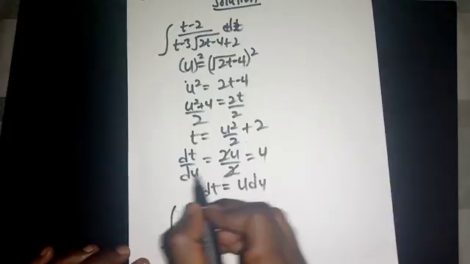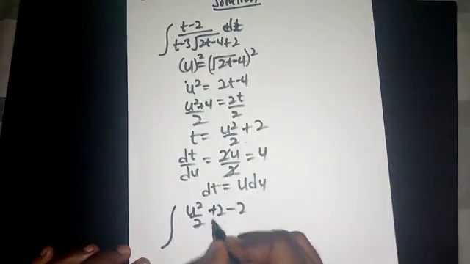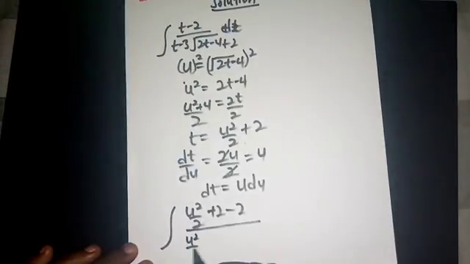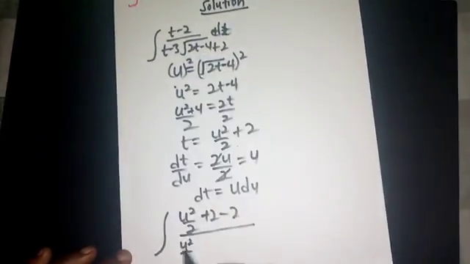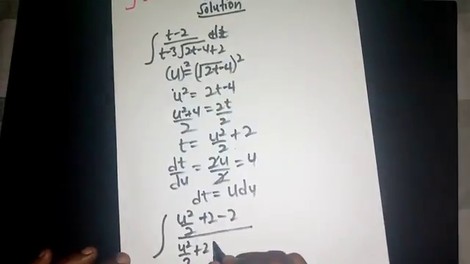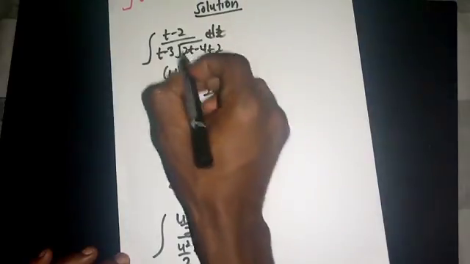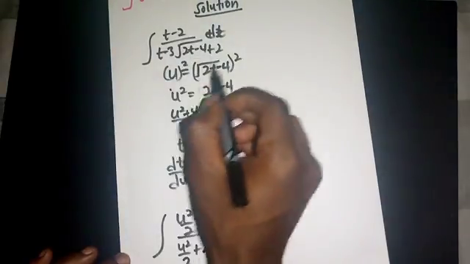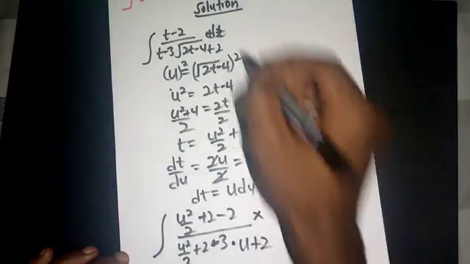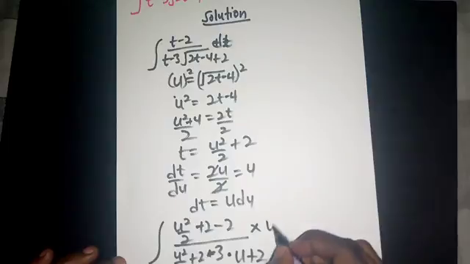Then divided by t, which is u squared over 2 plus 2, then minus 3, then the square root of that is just u, multiplied by u plus 2. Then we have dt, which is u du. So this is what we have.